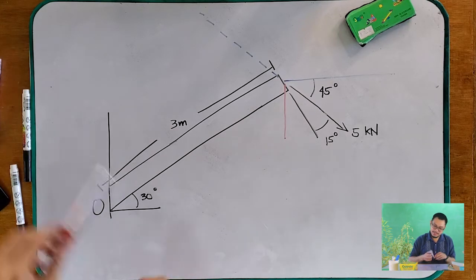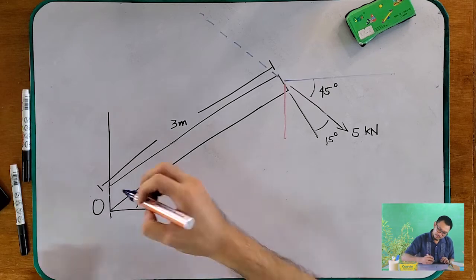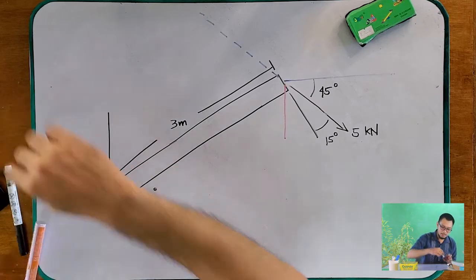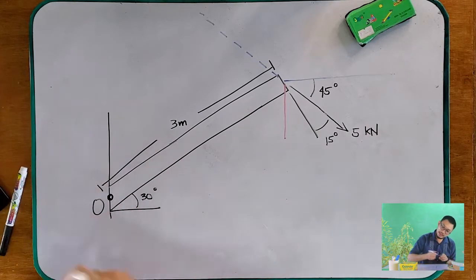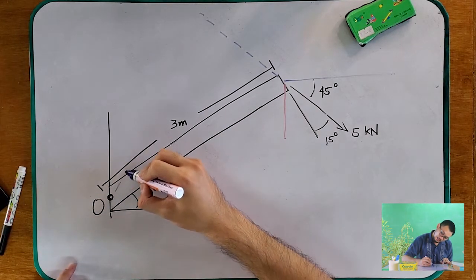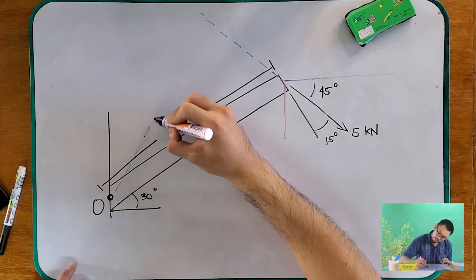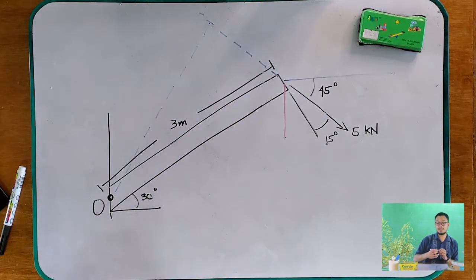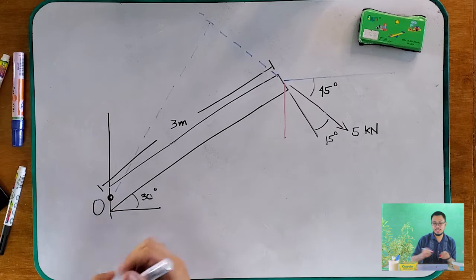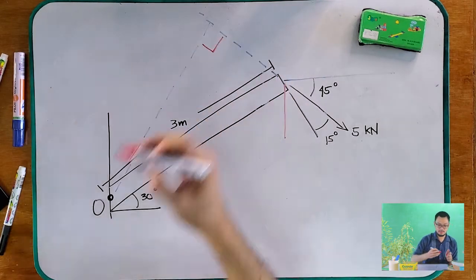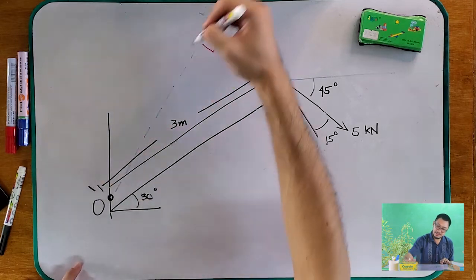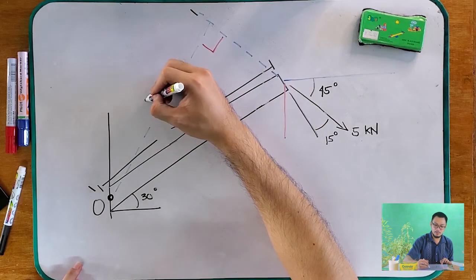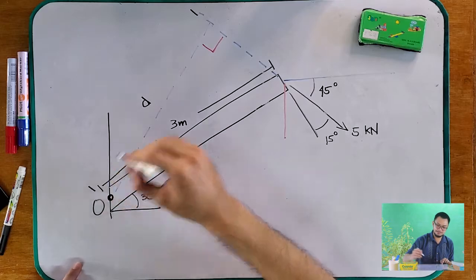So in this case, let's say this is your point of moment, this is your moment axis, and let's say that is your perpendicular line. And therefore, this is your moment arm.